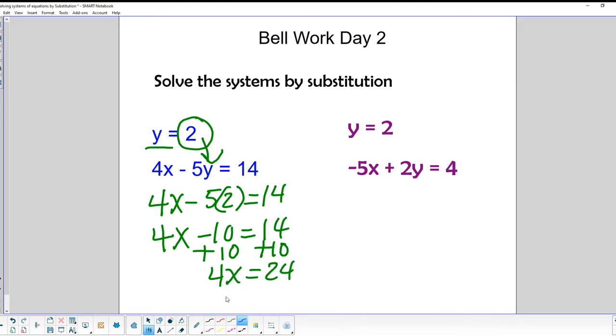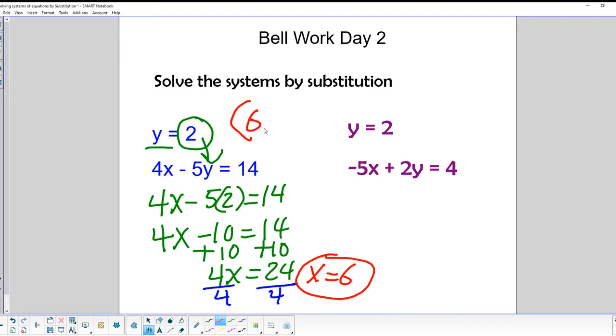So then we divide by 4, and we end up with a final answer of x equals 6. So without graphing, we found out that the solution to these two equations would cross at (6, 2).